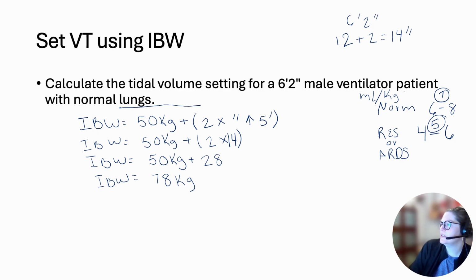Now, normal lungs. So this range and that number that I told you, number 7, is what we're going to multiply it by.